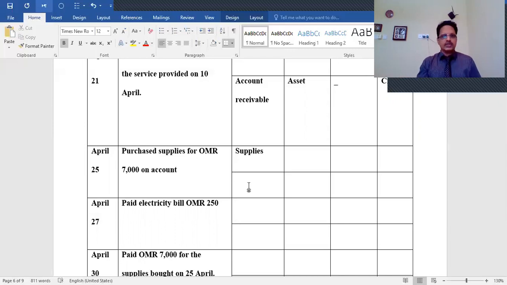So supplies is an asset, or an expense. Then it is purchase of supplies for OMR 7,000. That means on account. On account means you didn't make payment. So you know already it is account payable.